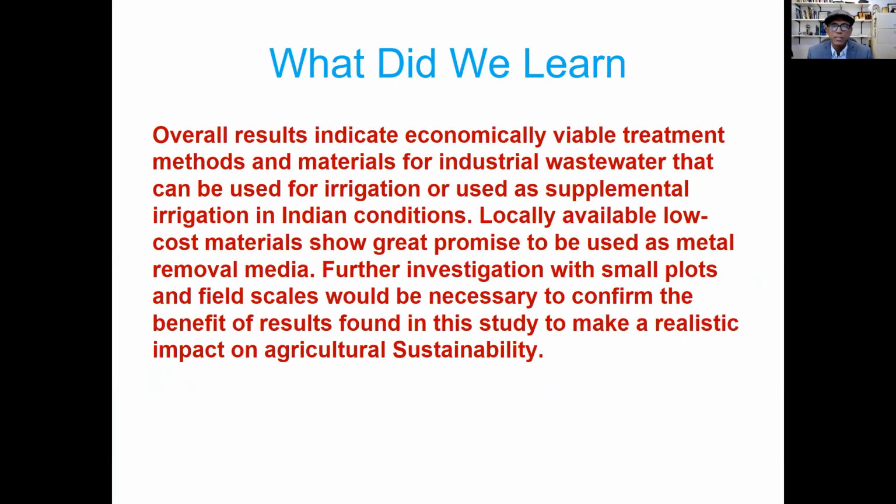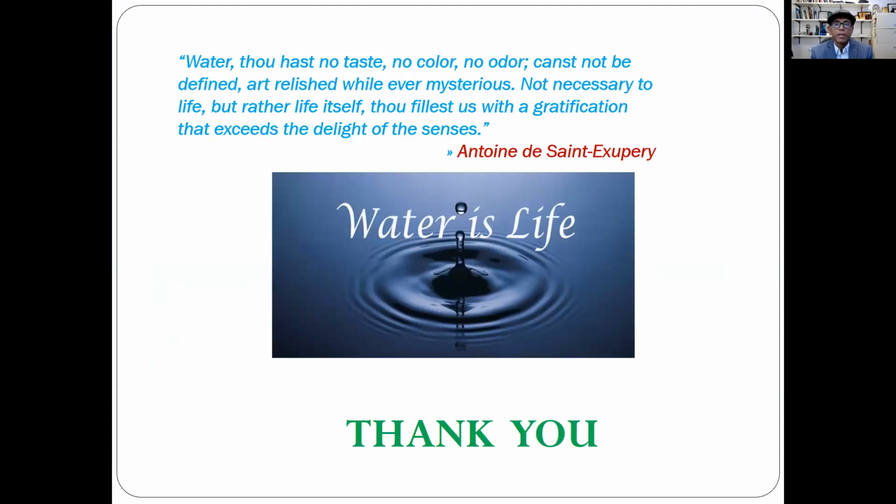So these results tell us that we can develop economically viable treatment methods and materials for industrial wastewater. And if more real-world field experiments are needed, from these results we can develop the filters and filter our industrial wastewater and use that water for crops or flowers or ornamental plants, and then do some long-term experiments to look at the sustainability. So that's all I wanted to share.